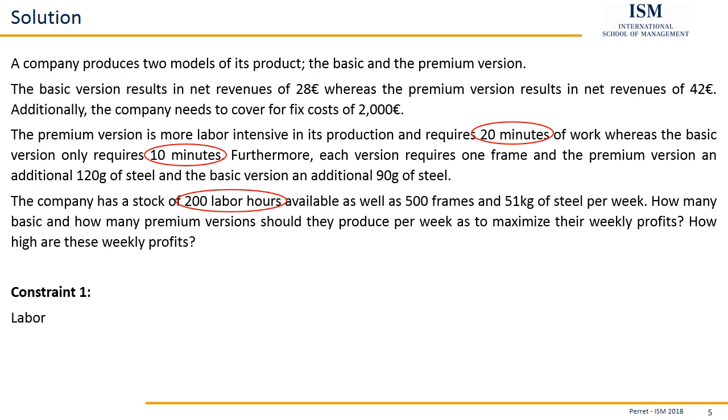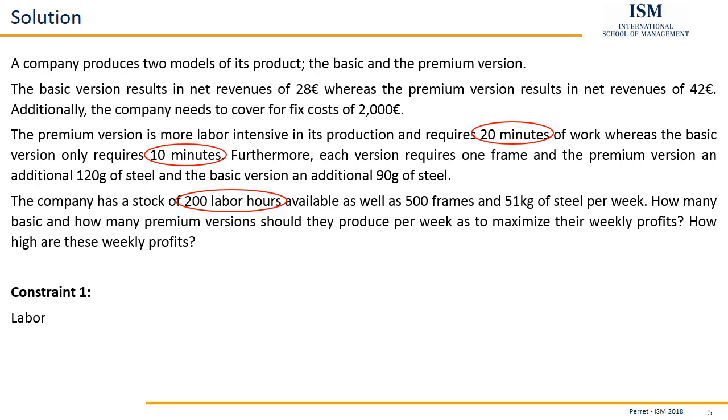So if I combine all of this, this means per unit premium I build, I need 20 minutes. So the overall time spent on premium versions will be 20 times x2. The overall time spent on basic versions will be 10 times x1.